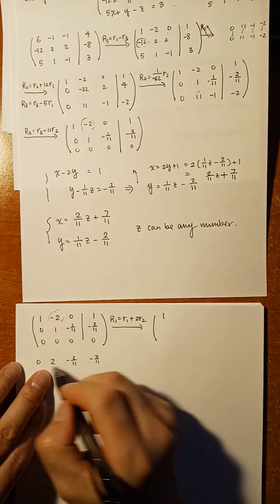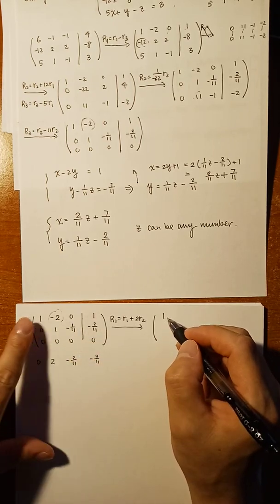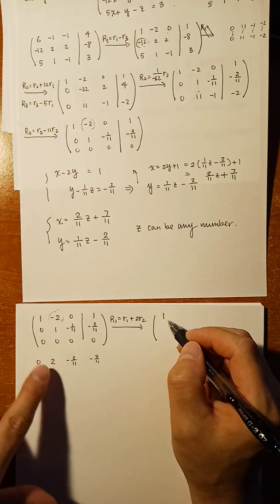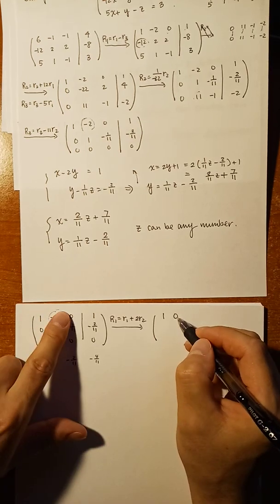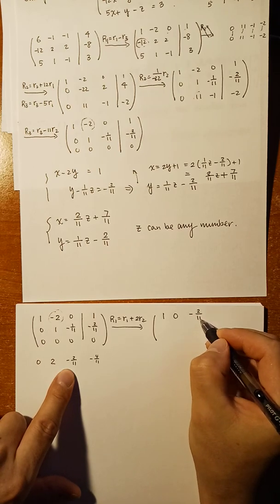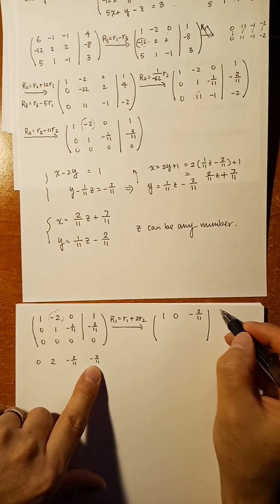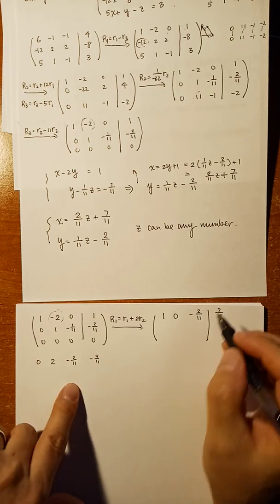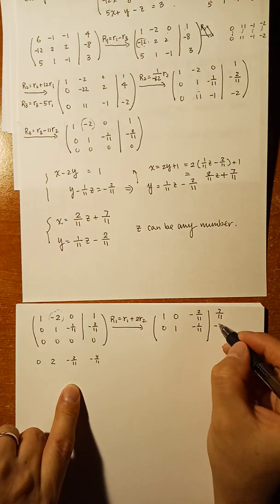And we're going to add this row to the first row. So 1 plus 0 is 1. -2 plus 2 is 0. 0 plus -2/11 is -2/11. 1 plus -4/11 is 7/11. So the rest of the entries, we just copy them.